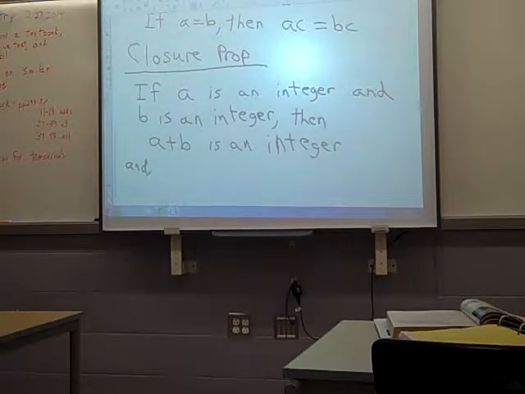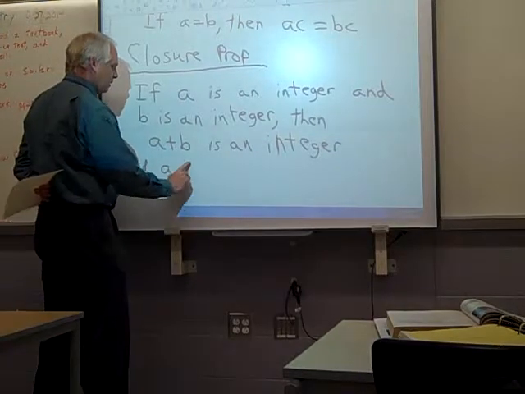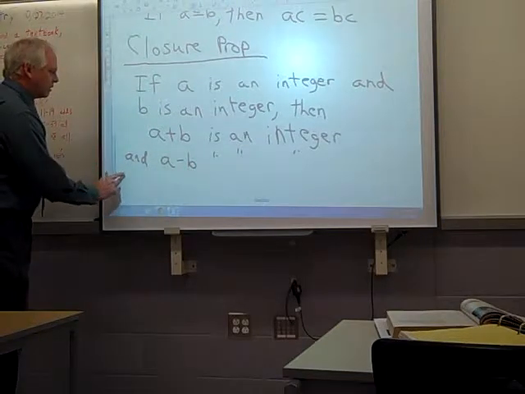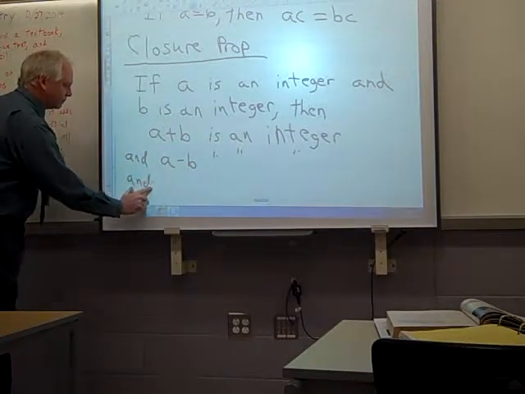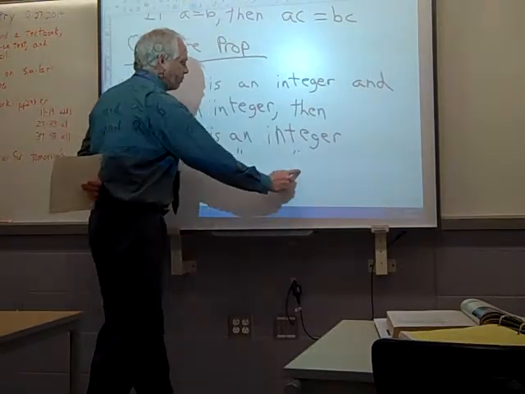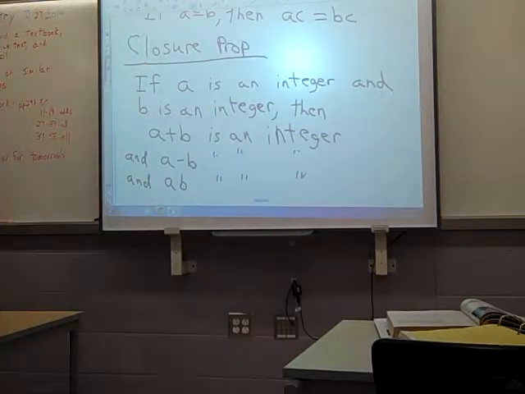How about another? Is there another operation where it's closed? Subtraction. Ditto marks here. Is there another one? Multiplication, an integer times an integer. So multiplication is closed under the set of integers. Division? No? Give me a counterexample then. A is a certain value, B is a certain value. Okay.